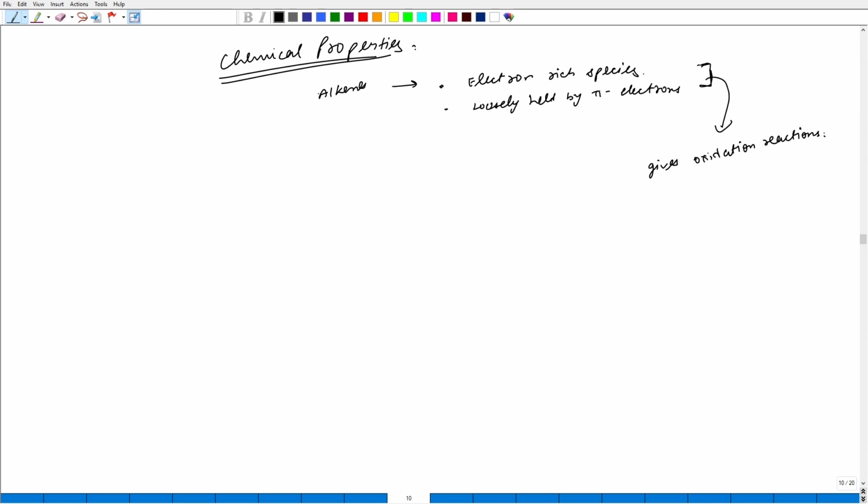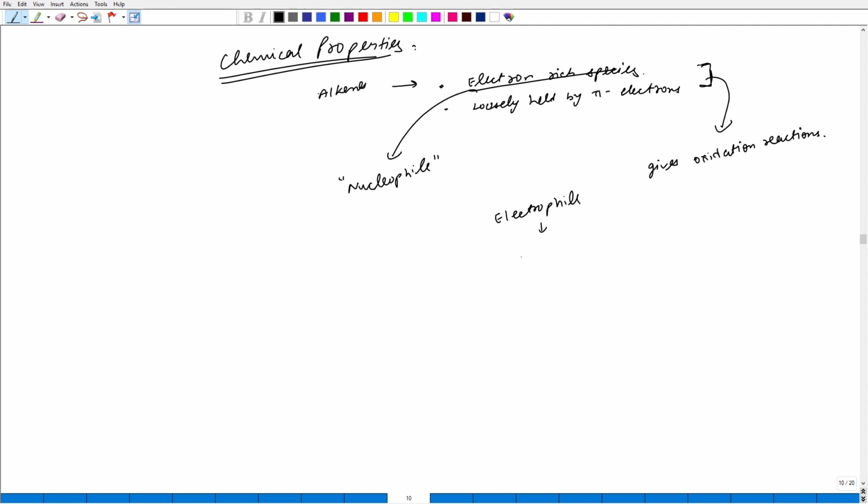If any molecule is electron rich, it will tend to give the extra electrons to someone which does not have electrons. So, the electron rich species in science we call nucleophiles, and this nucleophile often reacts with molecules which do not have electrons, that means the electrophile.